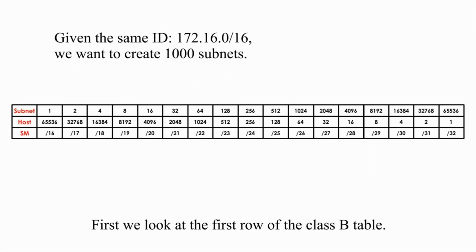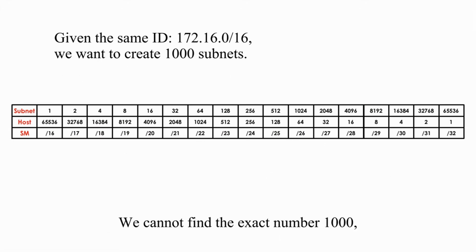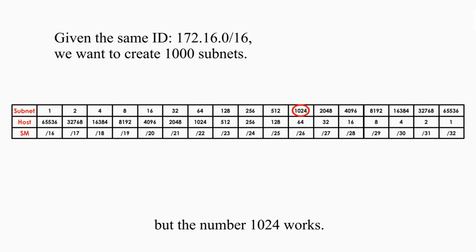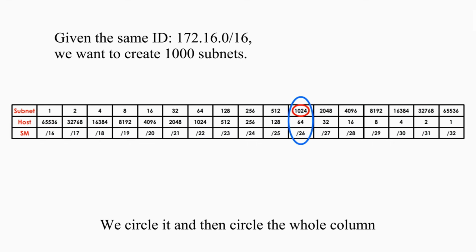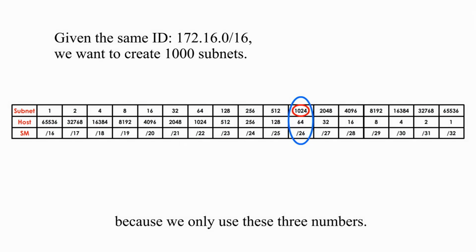First, we look at the first row of the Class B table. We cannot find the exact number 1000, but the number 1024 works. We circle it and then circle the whole column because we only use these three numbers in this column.